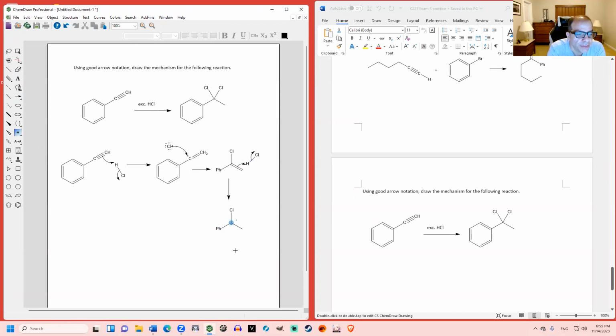We get this carbocation. This carbon on the end is now a CH3. You don't have to write out the CH3. I'm just showing it for clarity. It was a CH2, but now it's a CH3. So we've gained a total of 2 hydrogens from the HCl.